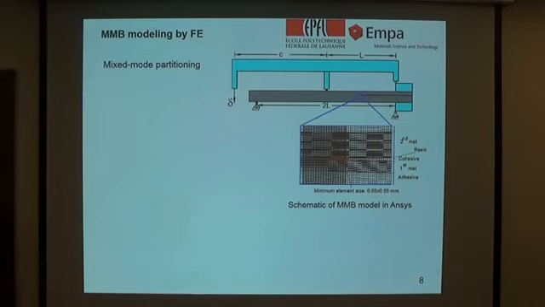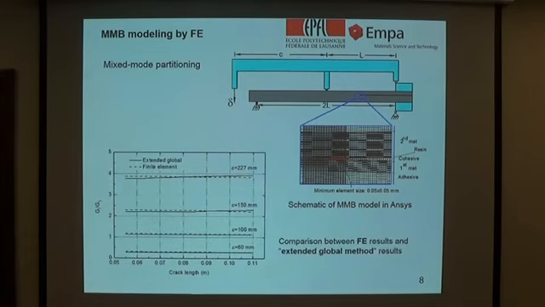So what I have done here, I introduced a new, very thin layer, I call it resin layer, and the material property of this resin layer is the average of the upper one and the lower one. So with this one, I could get rid of the sensitivity of the mesh size.